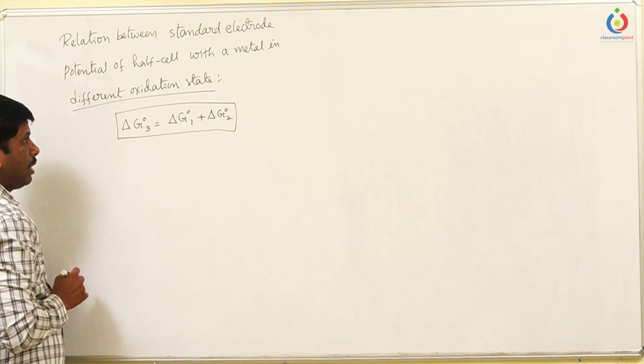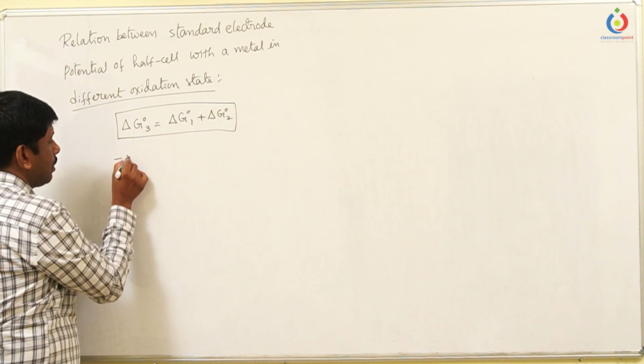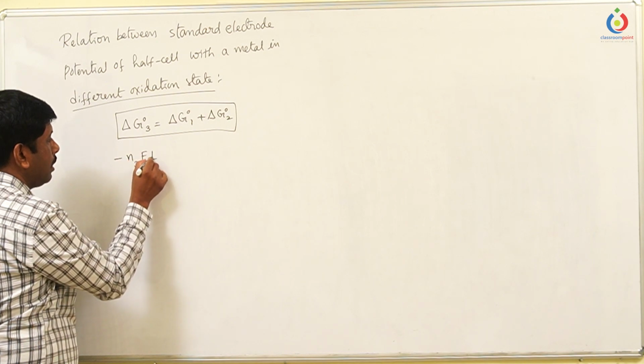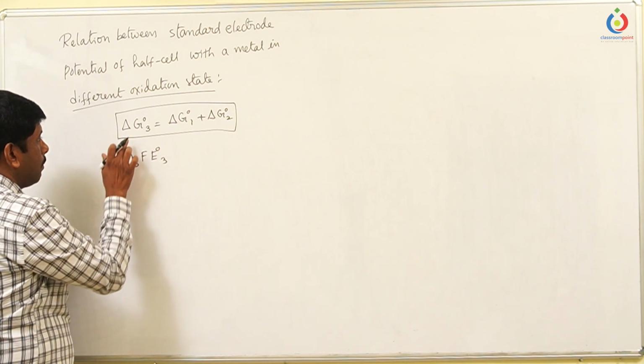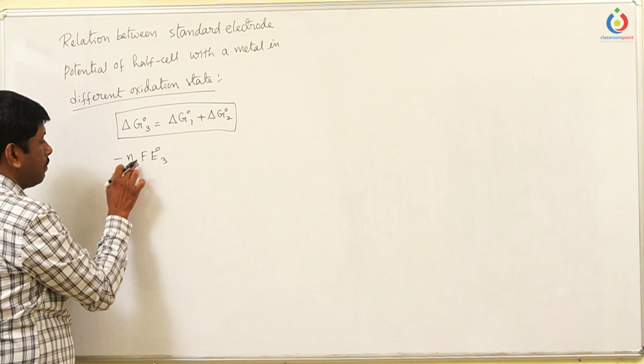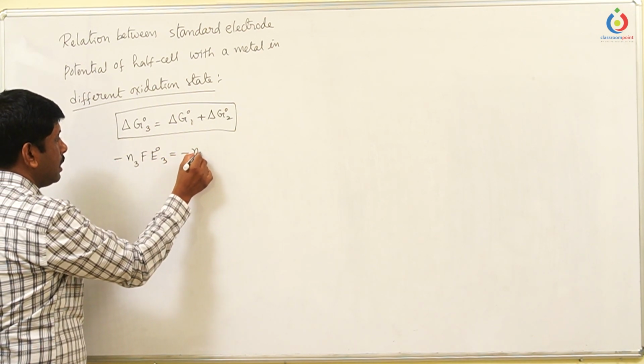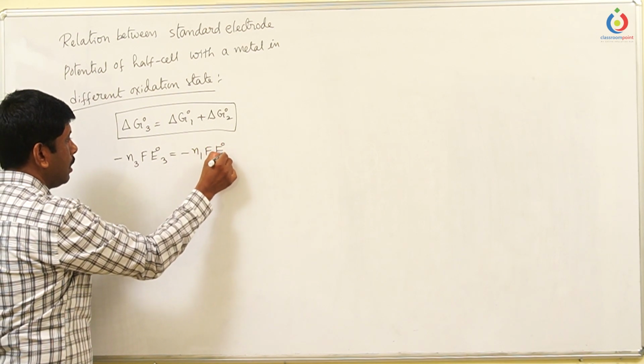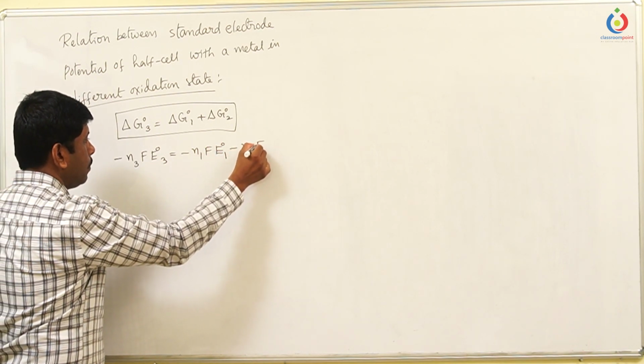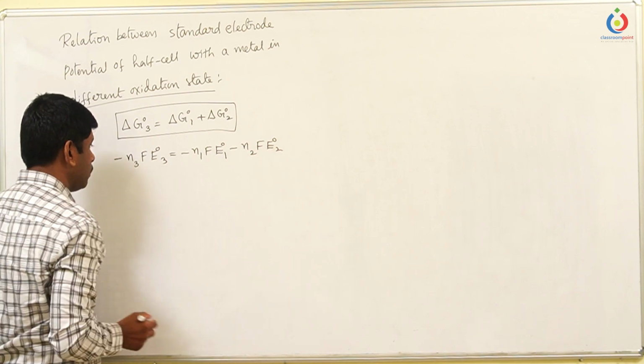Delta G naught, we know, is minus nFE naught. So let's write n3F E naught 3, where n3 is the number of moles of electrons in the third equation, F is the Faraday constant, and E naught 3 is the third electrode potential, equals minus n1F E naught 1 minus n2F E naught 2.